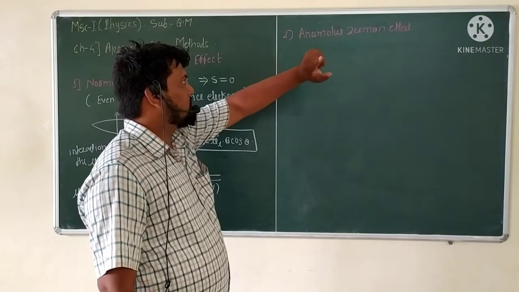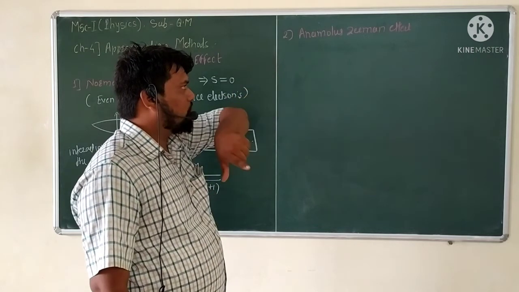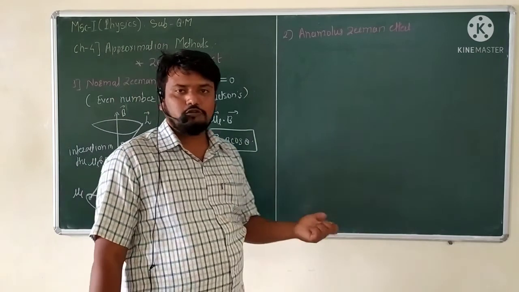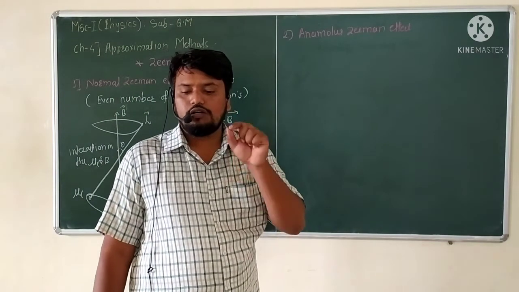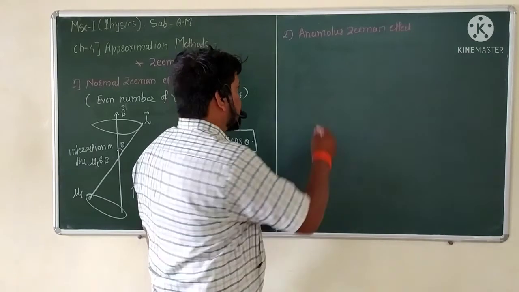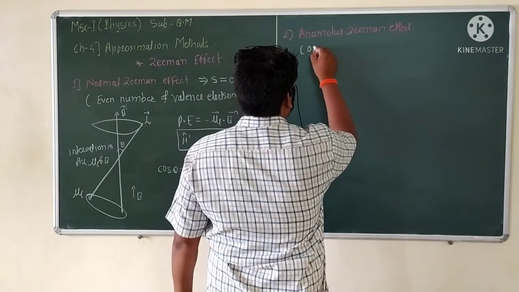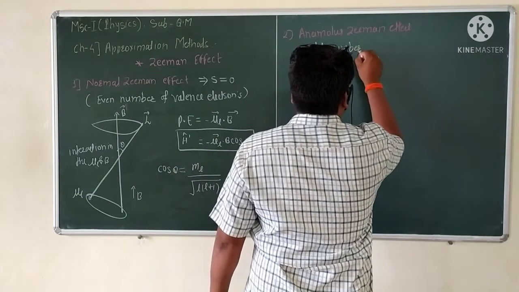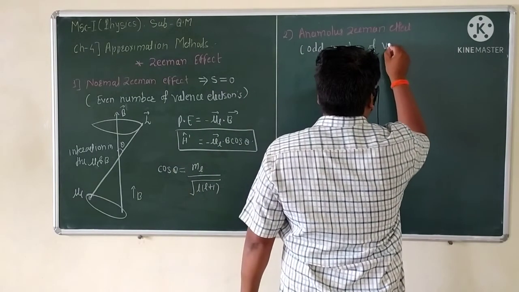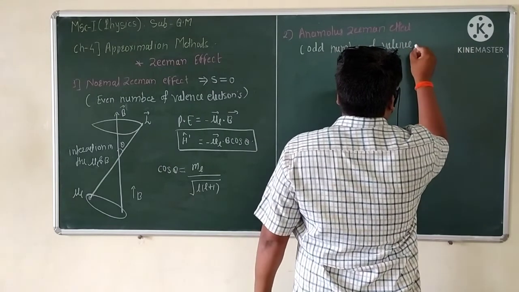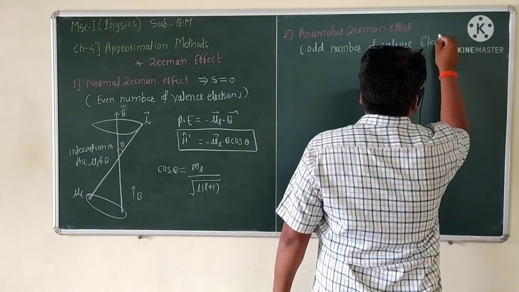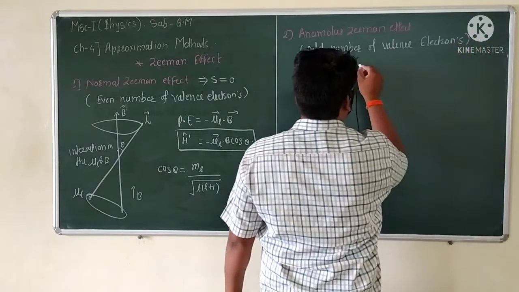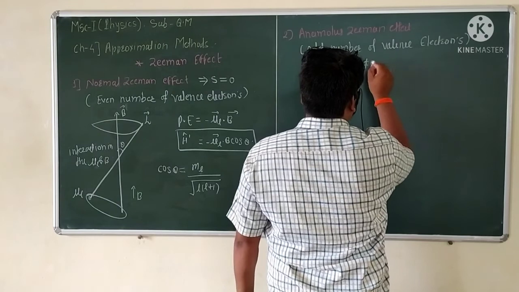Now the next point, the general idea. What is meant by the anomalous Zeeman effect, and when is it obtained? When the valence electron shell of the atom consists of an odd number of valence electrons, and in this system the spin is not equal to 0.